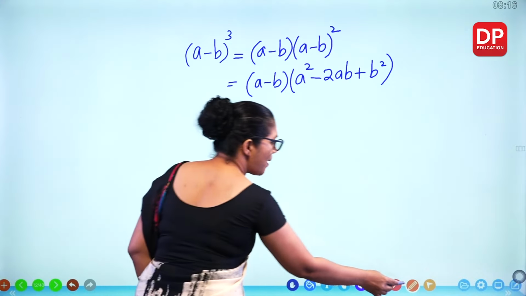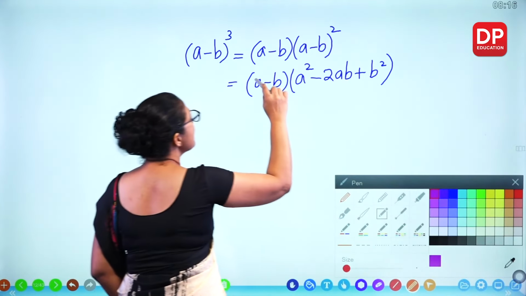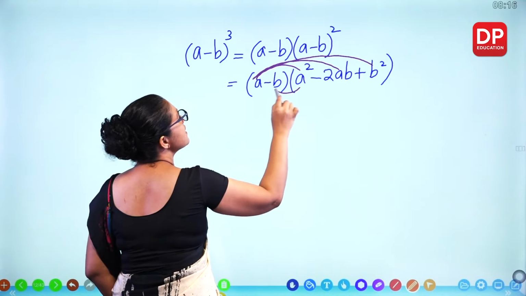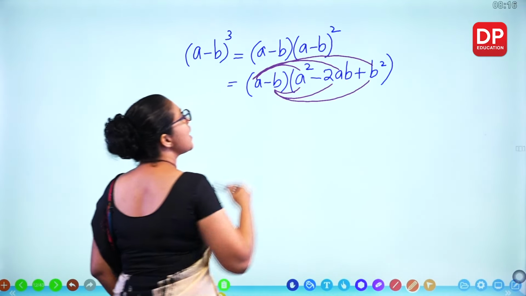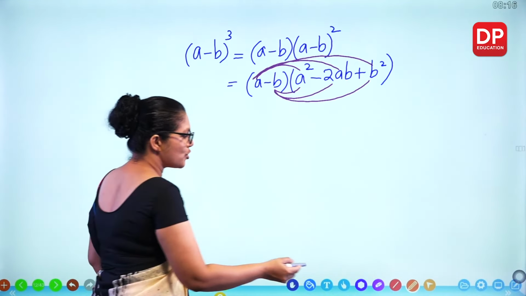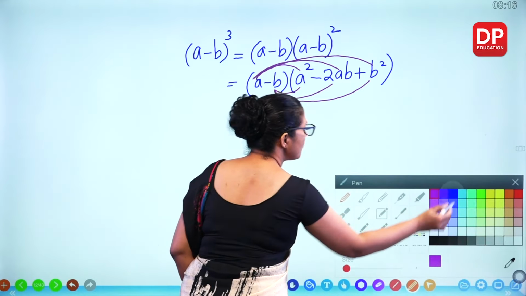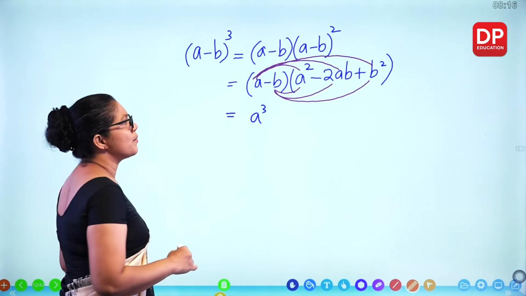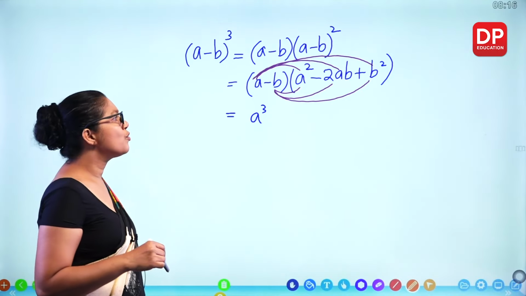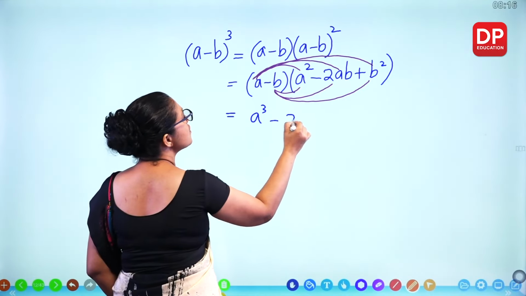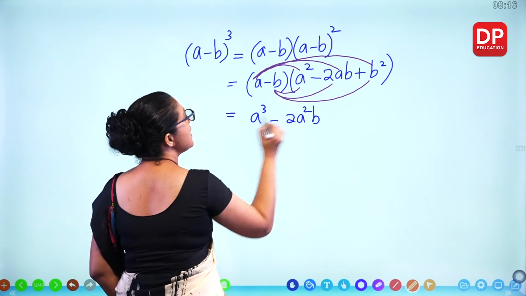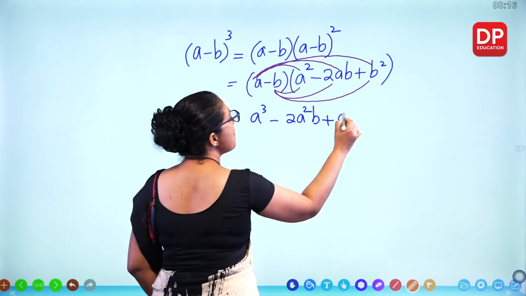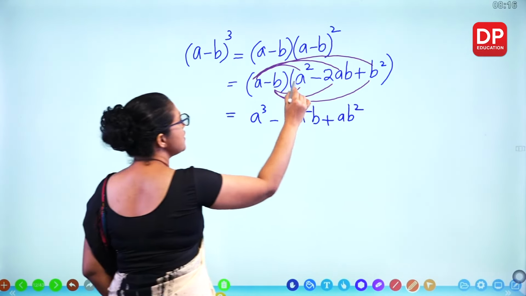Now expand brackets. Use rainbow method to expand it. So I'm using the rainbow method. So what you get here? A times a squared, you get a cube. A times minus 2ab, you get minus 2a squared b. a times b squared, you get ab squared. What about this one?